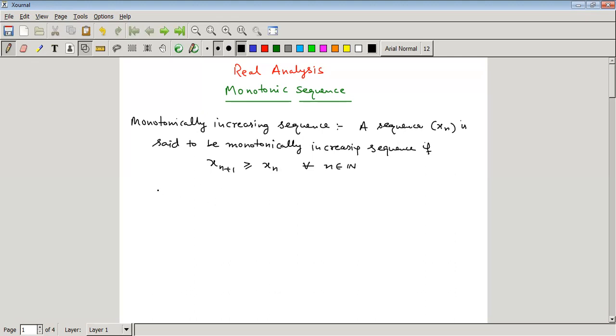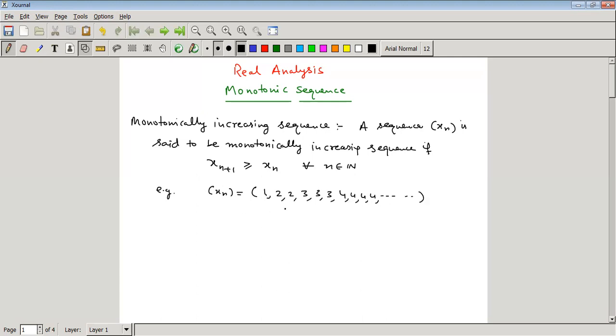For example, if we have a sequence xn like 1, 2, 2, 3, 3, 3, 4, 4, 4, 4, and so on.